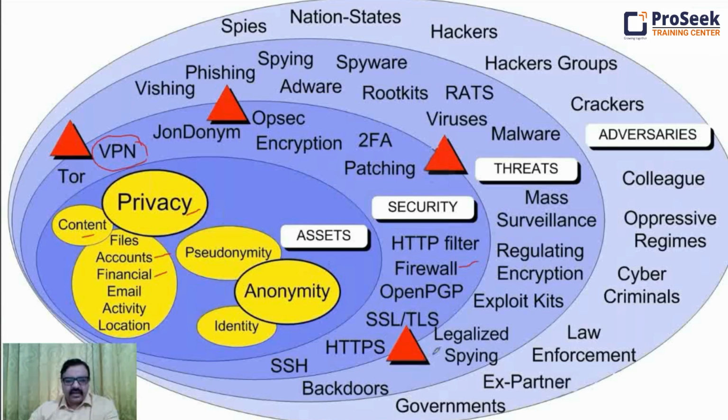Now what are these red triangles? These red triangles are the weak points of your security controls. For example, you might have installed antivirus software, but maybe you're not updating it because you purchased it for only 1 year and forgot to renew your license.